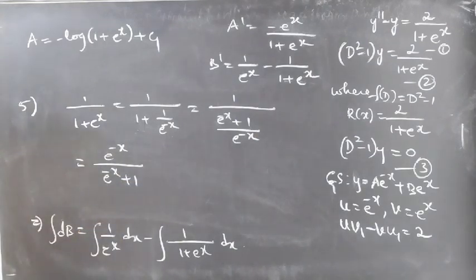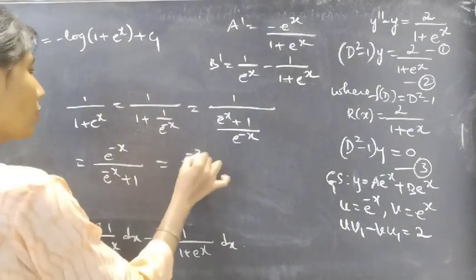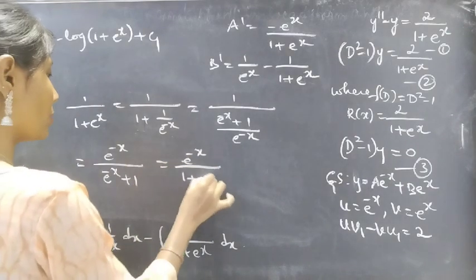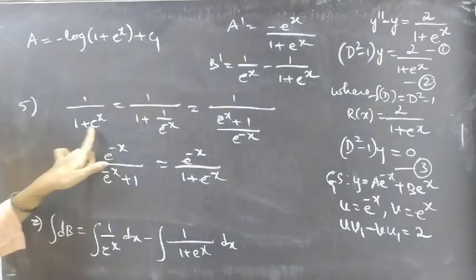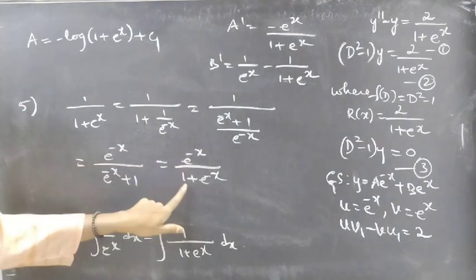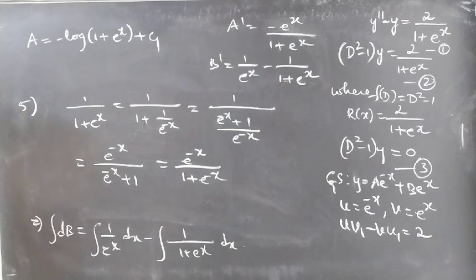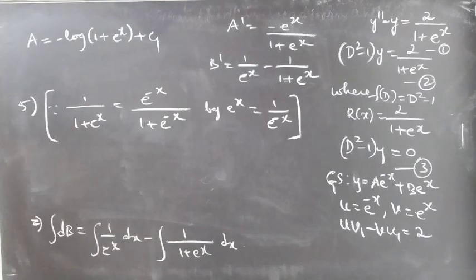Or we can write it as e power minus x by 1 plus e power minus x. So we can replace 1 by 1 plus e power x with e power minus x by 1 plus e power minus x.